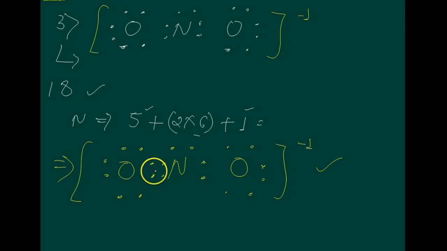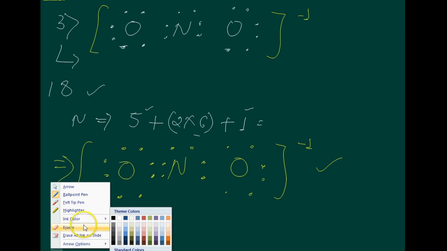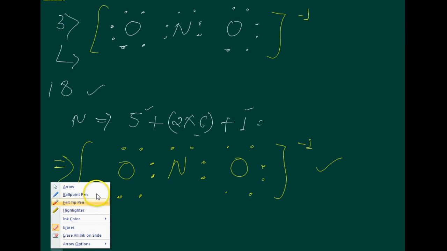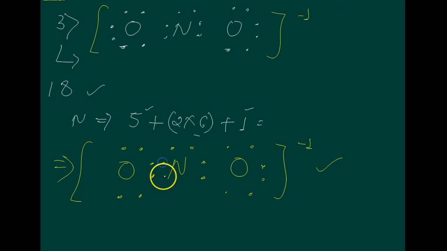It is shared. I'm sorry, don't write here. See, you write here: this is a 6. This oxygen atom has 2, 4, 6. Then 2, 4 and this is sharing, so it will become 8, and this is also 8.